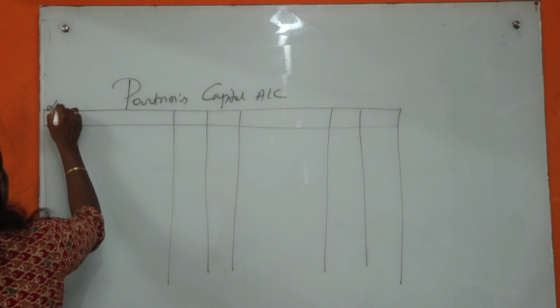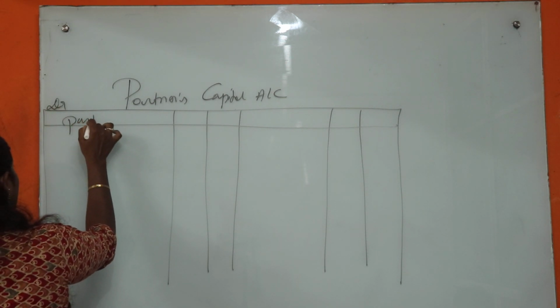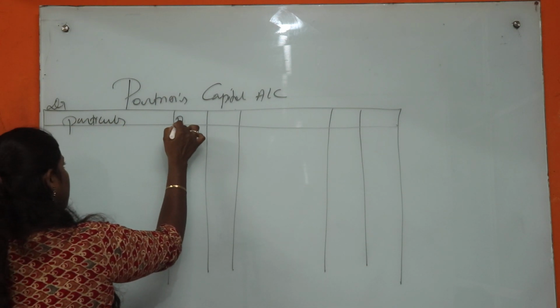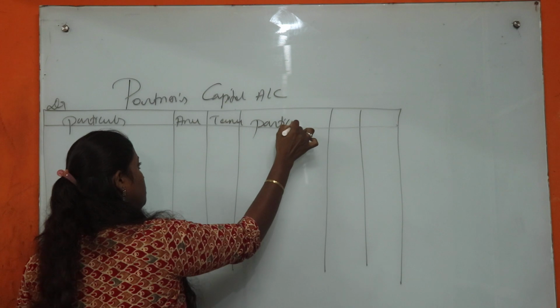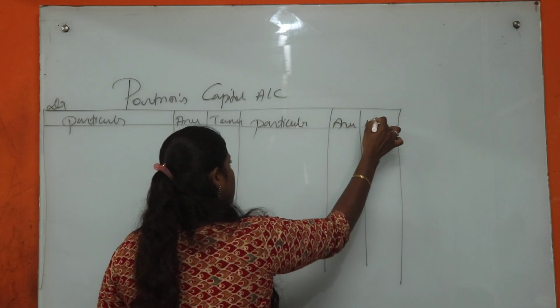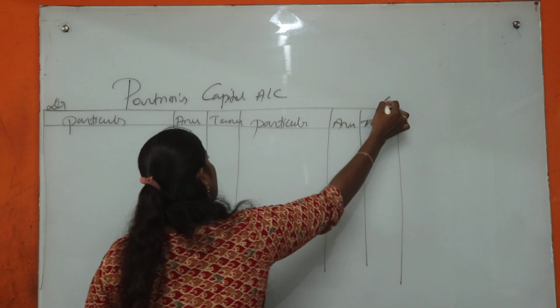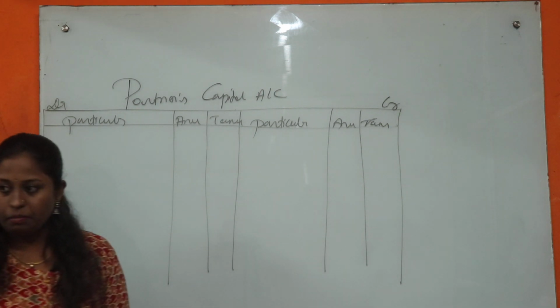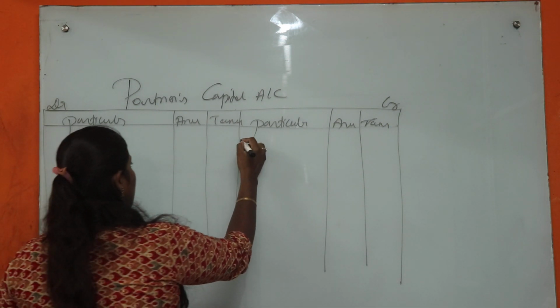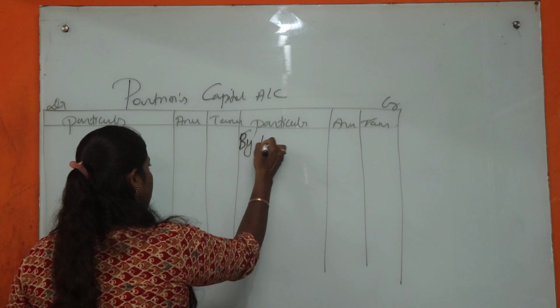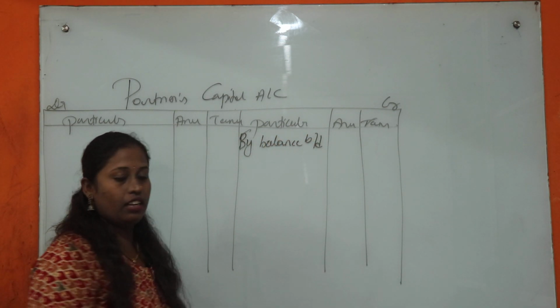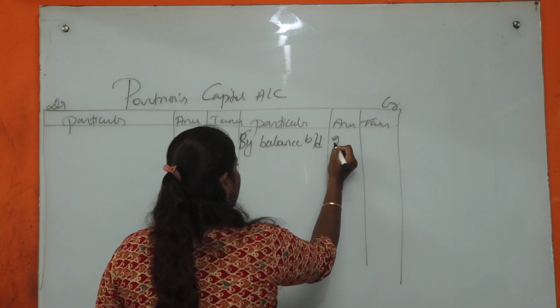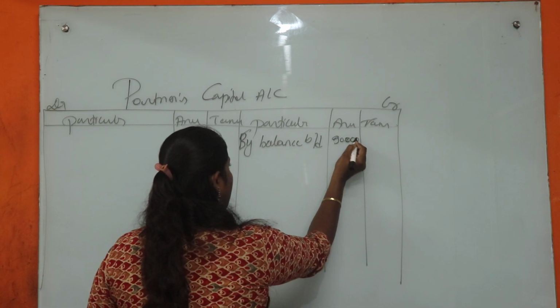This too carries marks. Anu and Thanu. We'll start with the opening capital balance of them, so by balance brought down. What's their capital balance? 90,000 and 80,000.